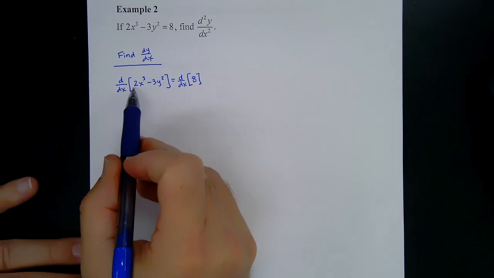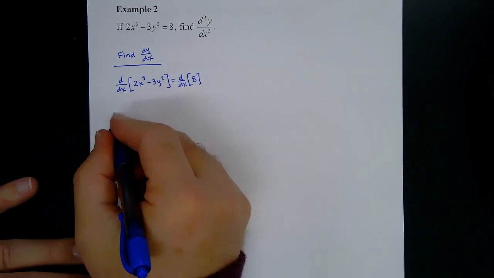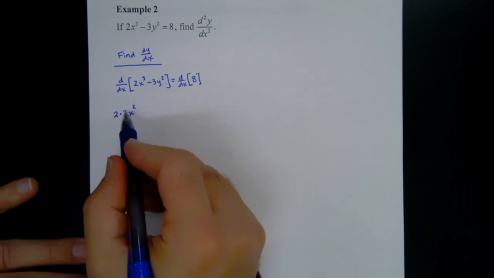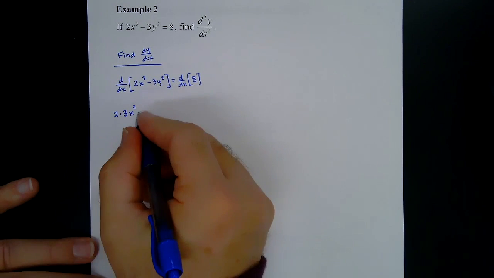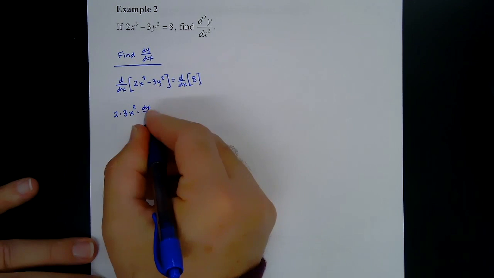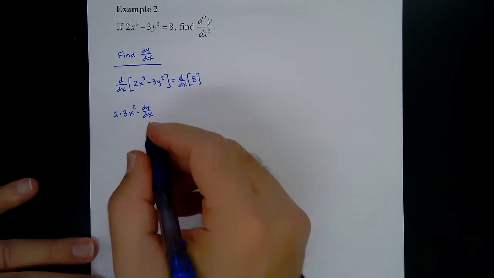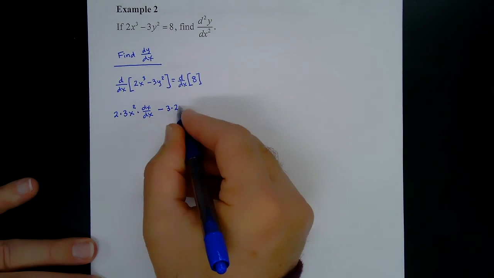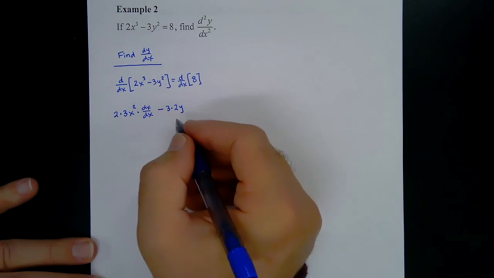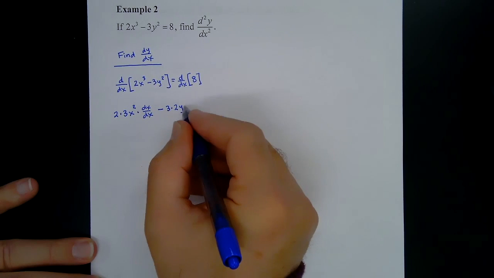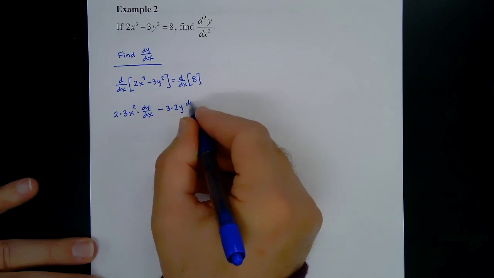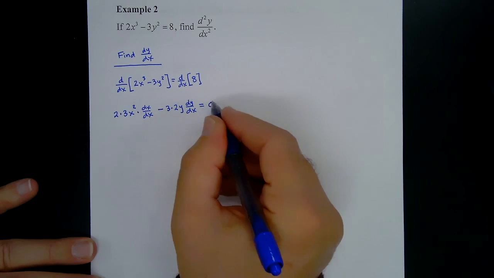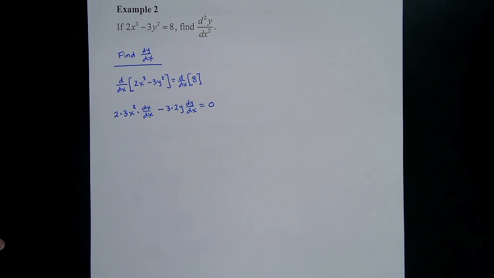This is going to be 2 times 3x squared, times dx over dx, and then minus 3 times 2y to the first, which I'm not going to write, times the derivative of y with respect to x, which would be dy over dx, and that's going to equal 0 because the derivative with respect to x of 8 is just 0.